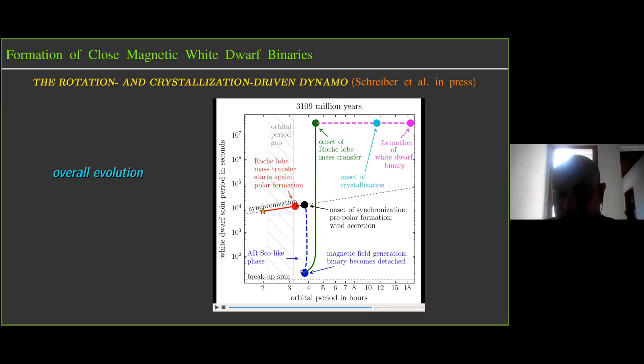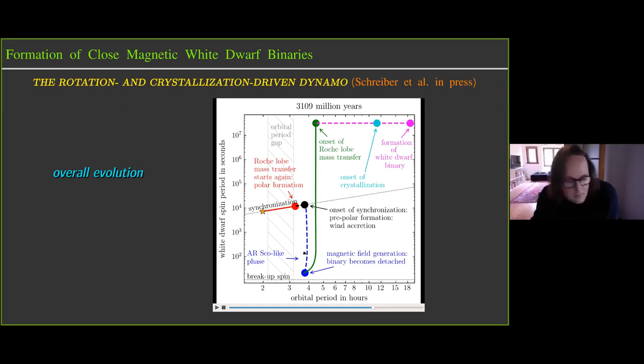In principle, we could see these 60 megagauss systems in any of these points in this track. So the fact that we have stronger fields in polars is not, at least according to this model, because it's rotating slower. It's because it's the end of the process. I'm not sure if I answered well.